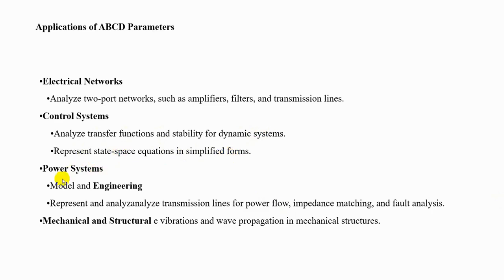In power systems, analyzing the transmission line for power flows, impedance matching and fault analysis, which you will learn in upcoming higher semesters. In mechanical structures, they represent data for vibrations and wave propagation. So these are the applications of ABCD parameters.